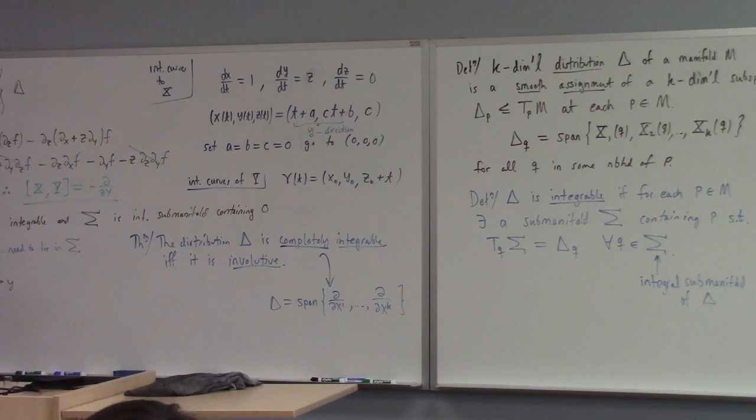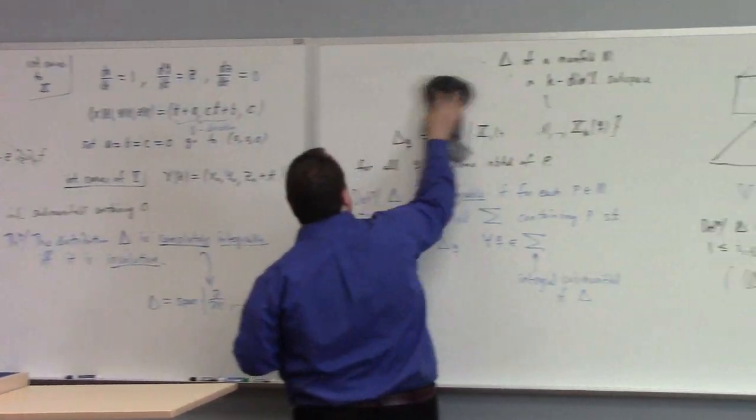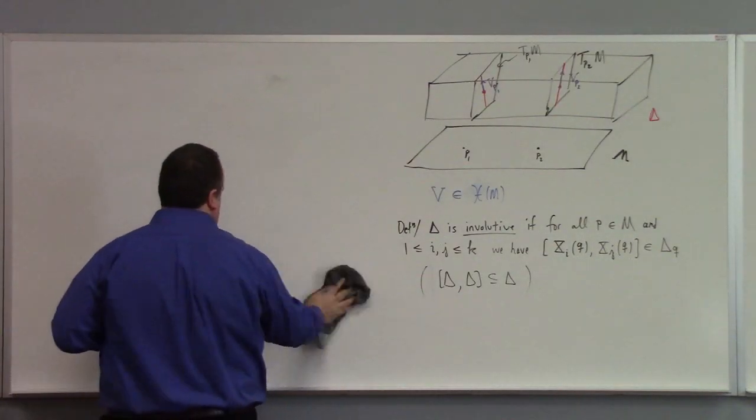So this was the idea behind my example over there. I actually used the coordinate derivations to build a distribution, and basically the integral submanifolds are simply set the remaining variables equal to a constant. Those are your integral submanifolds. We could easily extend that example.